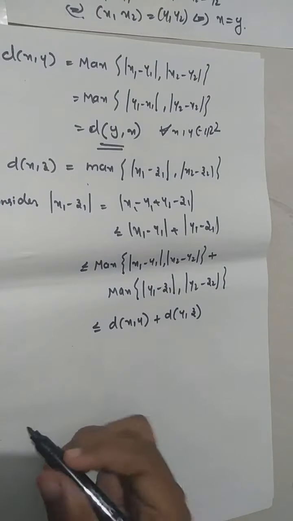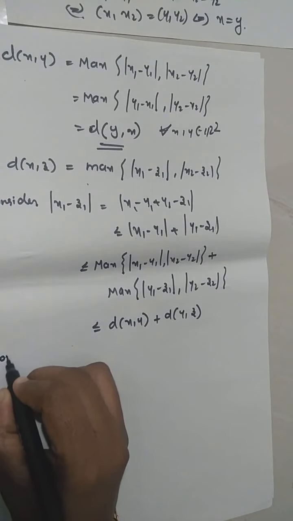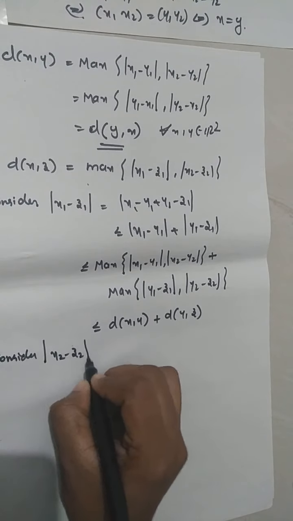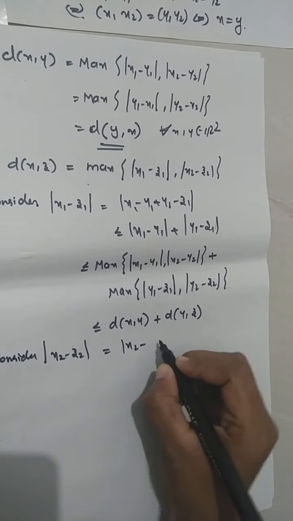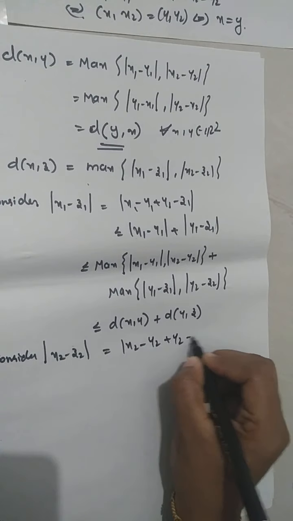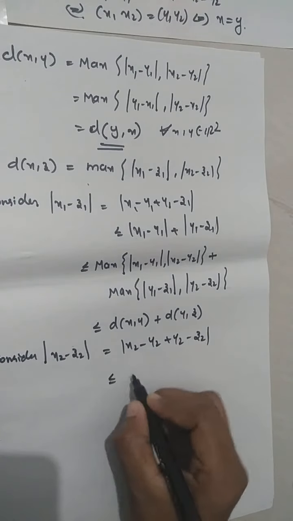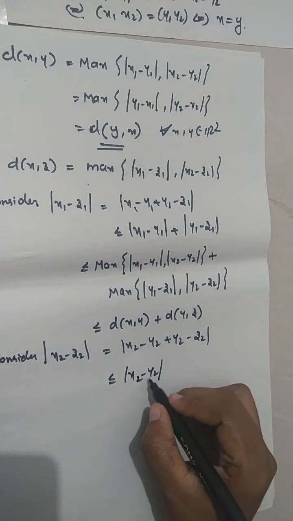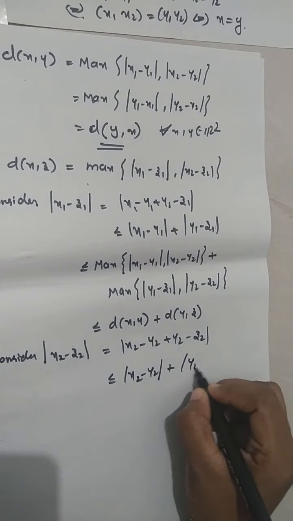Now consider the second term, modulus of x2 minus z2. Here we add and subtract the term y2: x2 minus y2 plus y2 minus z2. By a similar argument, this will be less than or equal to modulus of x2 minus y2 plus modulus of y2 minus z2.